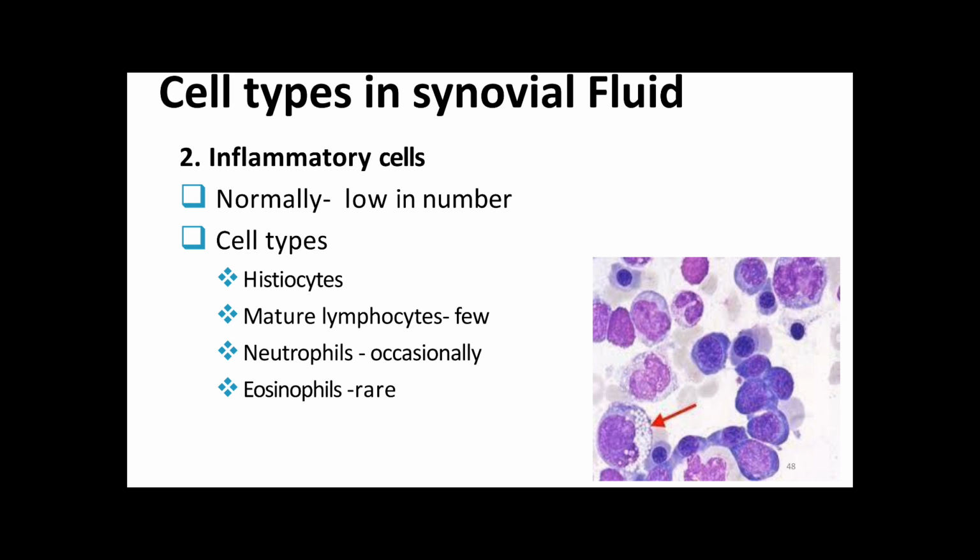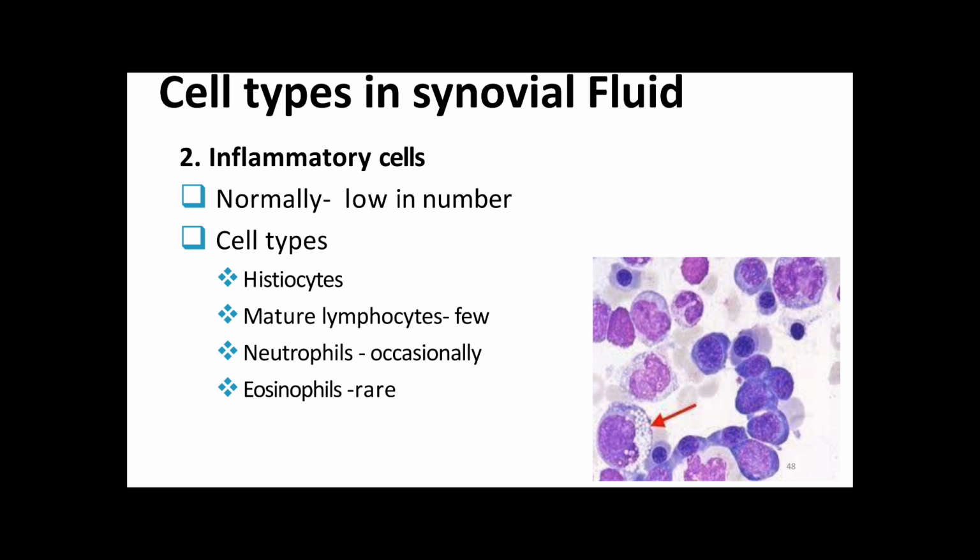The second one is inflammatory cells. Inflammatory cells are normally low in number and consist of histiocytes, mature lymphocytes, and occasionally neutrophils. In synovial fluid, they are also present in lower number. What are the inflammatory cell types?